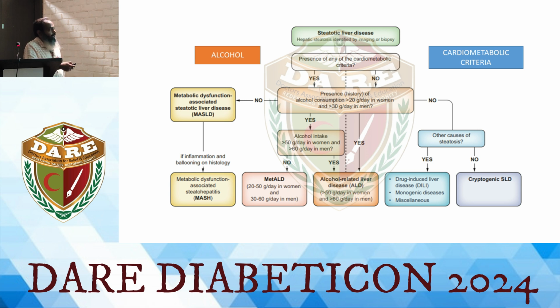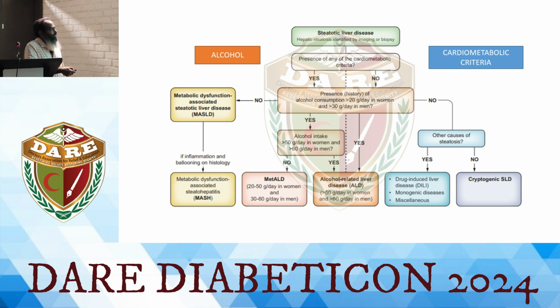If the alcohol intake is significant, which sometimes they have given a criteria of more than 20 grams per day in women and more than 30 grams in men, then we'll be thinking more in terms of alcoholic liver disease. If there are one or more cardiometabolic risk factors, which I will be coming to in the next slide, then we should be thinking that it is because of metabolic dysfunction related fatty liver disease. Sometimes there can be a combination of both.